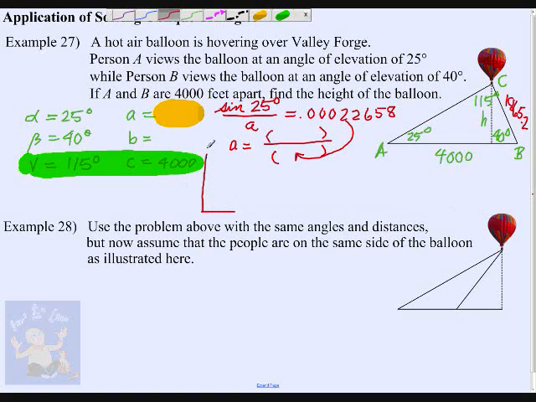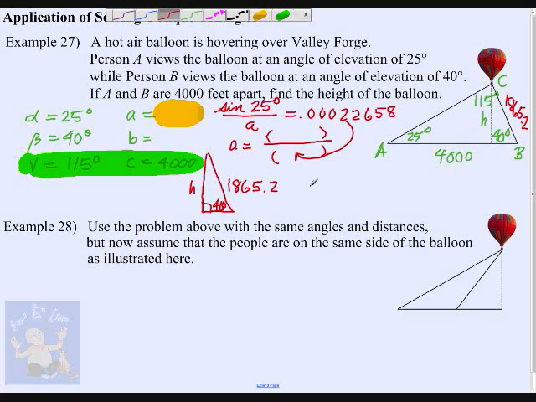So let's look at that triangle. We can use right triangle trig now. I've got 1865.2. We use right triangle trig. This is 40 degrees. And what I want to find is H. So that would be opposite the angle I'm interested in.